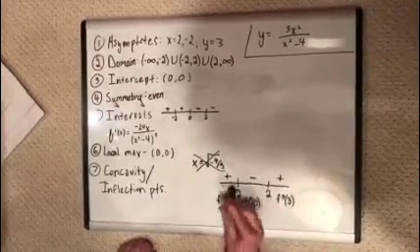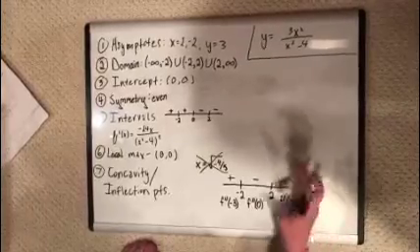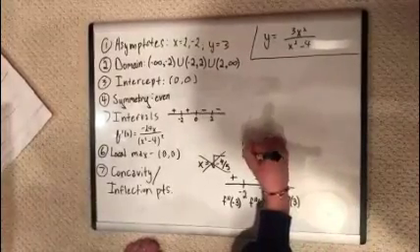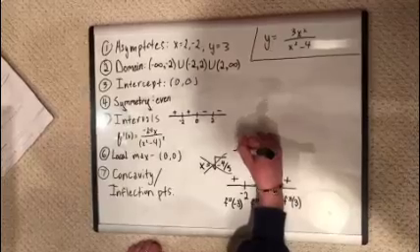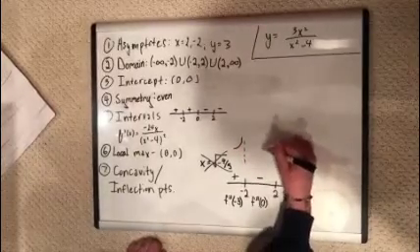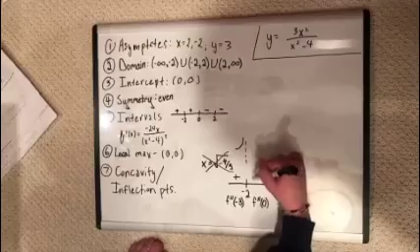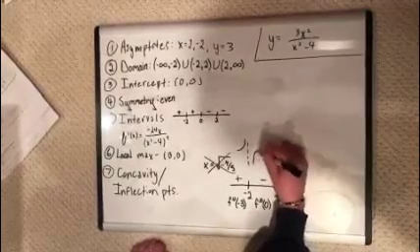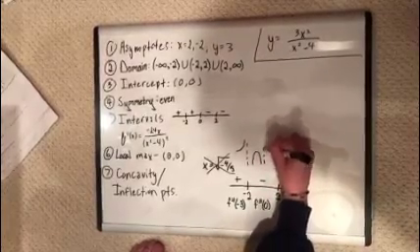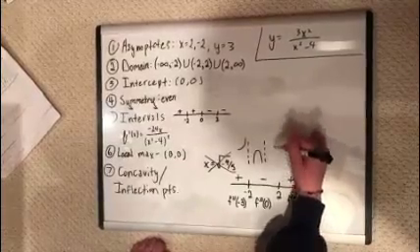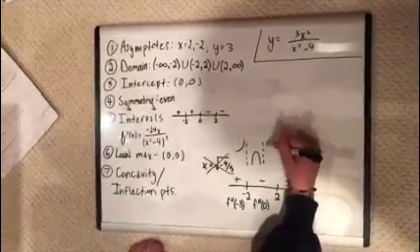So this shows where the concavity changes. So as it approaches our asymptote at negative 2, it's going to be concave up. As it moves between negative 2 and 2, it's going to be concave down. And finally, after the asymptote at 2, it's going to be concave up again.